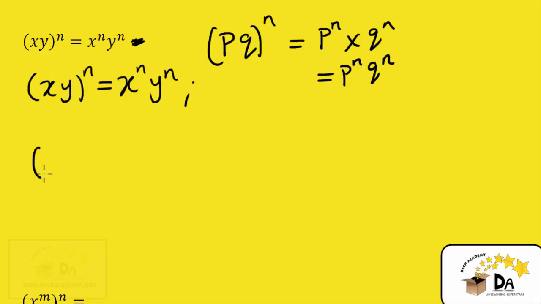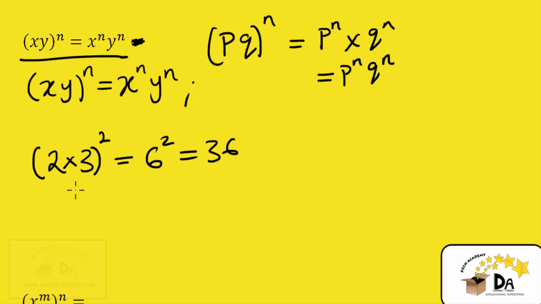Simple rule. So for example, if you have 2 times 3 to the power of 2, naturally, if you wanted to do this, you'd say 2 times 3 is 6, so this raised to the power of 2, 6 squared, is 36. But using this law, you can rewrite this as 2 times 3 to the 2 is 2 to the 2 times 3 to the 2.